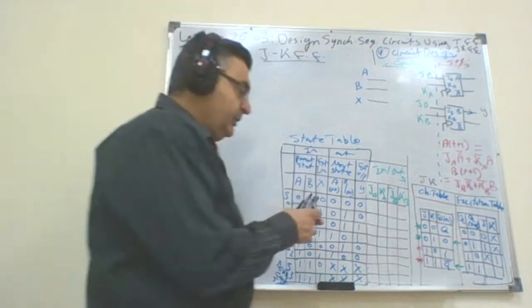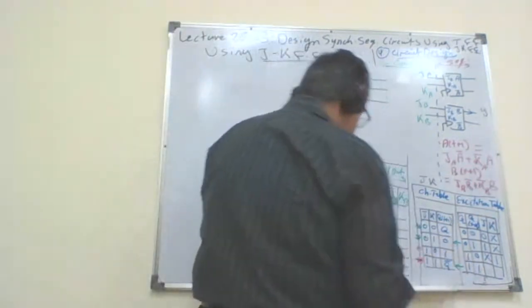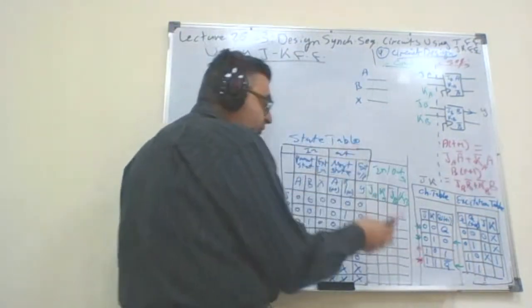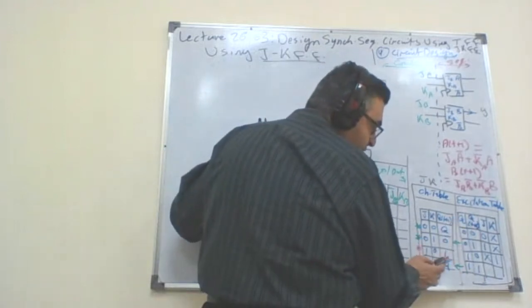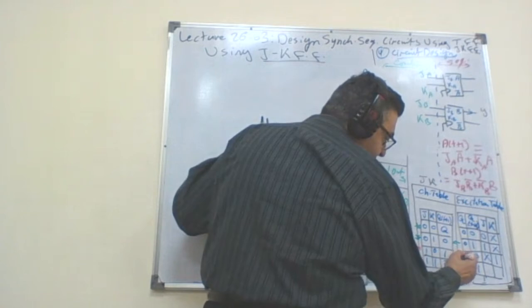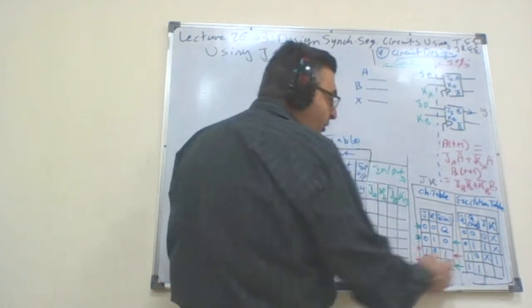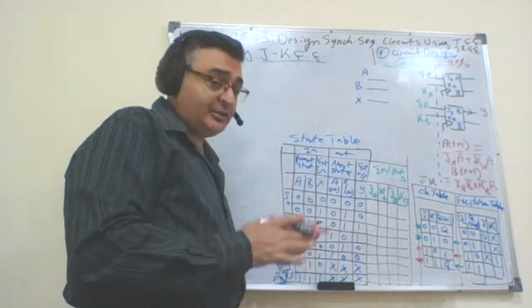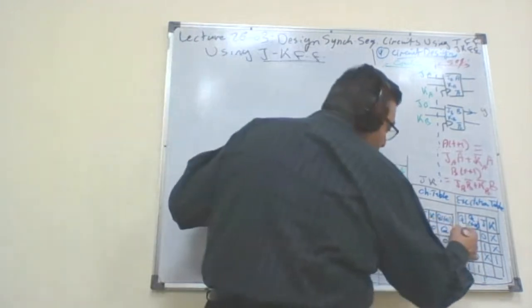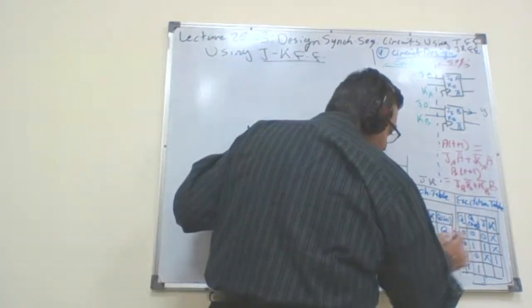Lastly, 1 and 1. You can view it as setting Q of T plus 1 to 1, which is satisfied here. Okay? 1 and 1 means both Q and Q of T plus 1 are similar. So this is also satisfied up there.